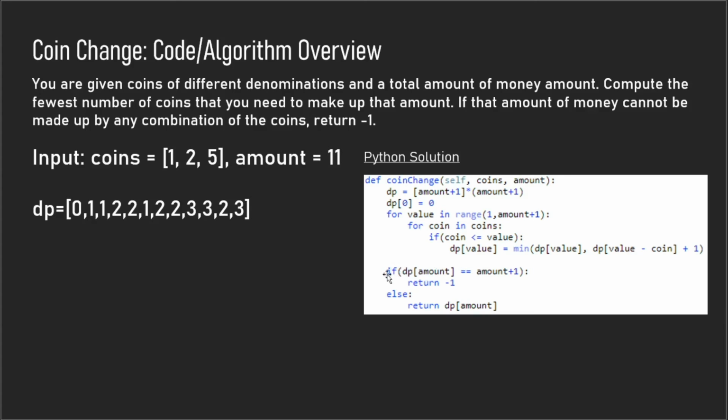And we would check to see if that index value is still 12. In the event that it's still 12, it means that it's invalid, right? So if it's invalid, we return -1. But in the event that it's not, we return the value stored in that index, which is 3. So that's what we return here. So our answer would be 3.